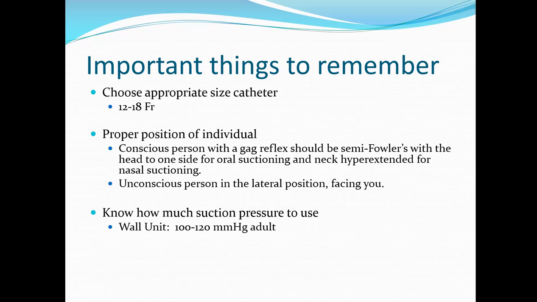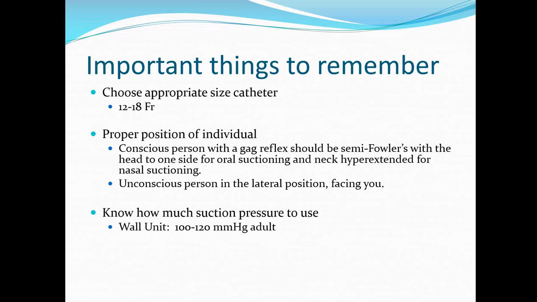Important things to remember when we are suctioning is we want to make sure that our patient is in a proper position. They need to be sitting up in at least a semi-Fowler's position, with their head turned to one side for oral suctioning. Then the neck should be hyperextended for nasal suctioning, just to make it easier for the catheter to go down.